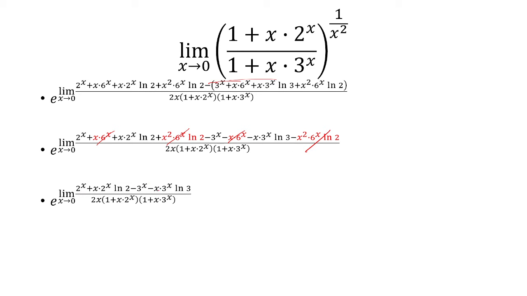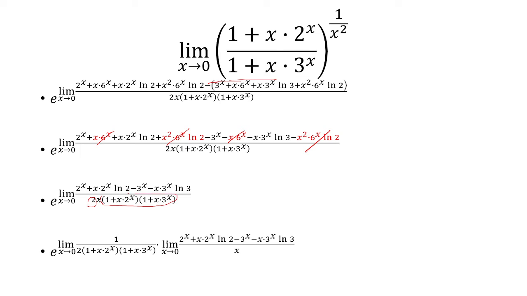So then that simplifies to this, which I can split up into two separate limits. So one of the limits is going to have 1 as a numerator, and then 2 times 1 + x·2^x, and then 1 + x·3^x. That's for the first limit, and then everything else will be in the second limit. So that's going to be x remaining in the denominator with everything else in the numerator.